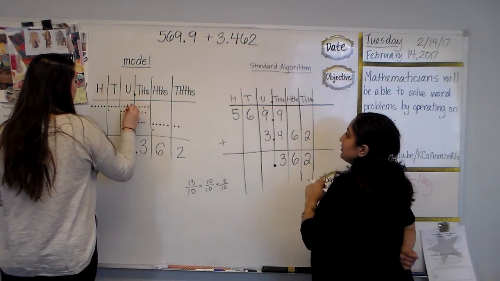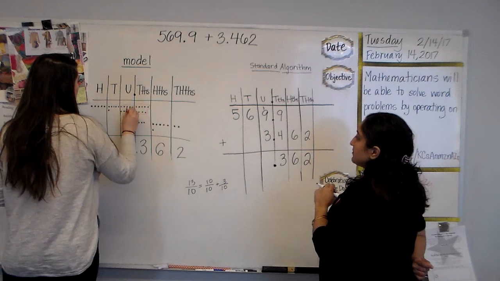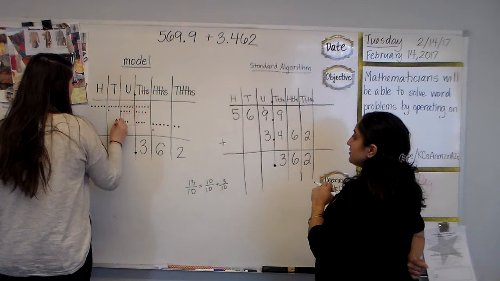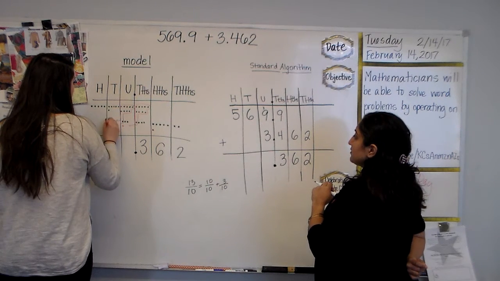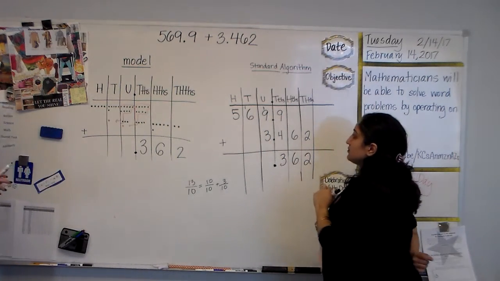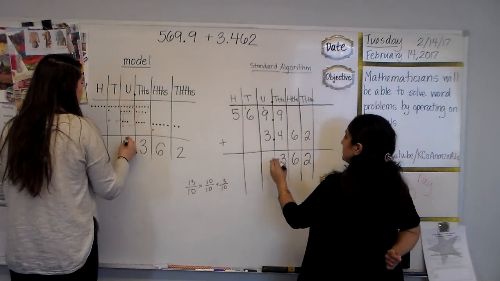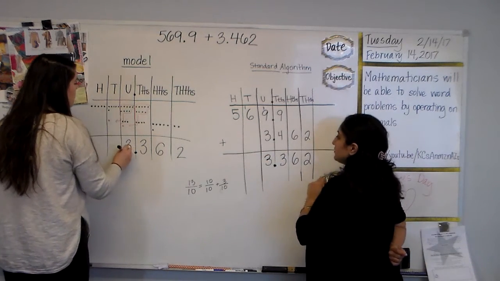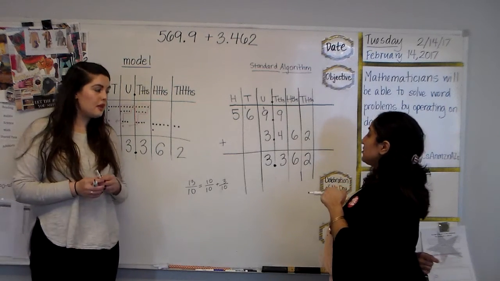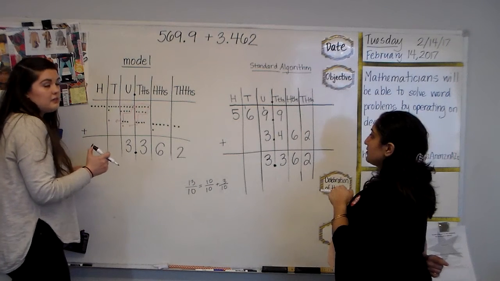I'm going to go ahead and circle those 10 units, and you're going to make 1 ten. I'm drawing an arrow to show that I'm bringing those 10 units into my tens place. I notice that I have 3 units left over, so I'm going to write my 3 in my place value chart in the units place. This looks good. Great. Let's move on to the tens place.